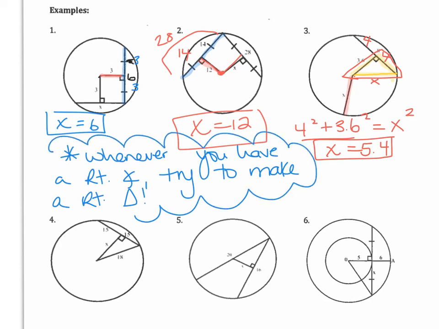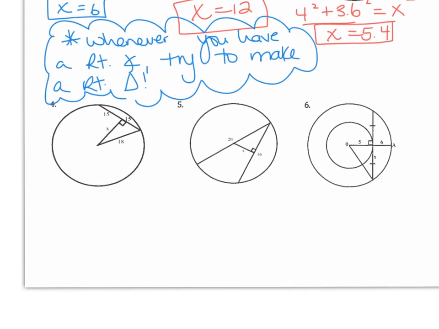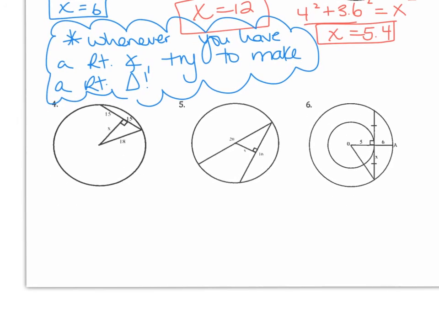Whenever you get stumped and you don't know what to do and you see a right angle, ask yourself, okay, fine, could I make a right triangle and see if I could go from there? So I want you to pause this video and try 4, 5, and 6 on your own, and then unpause the video and I will have the answers on the screen.